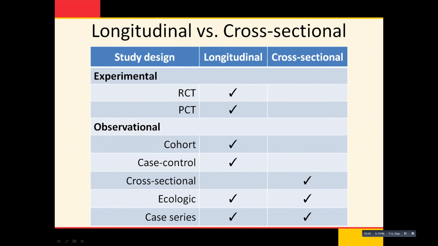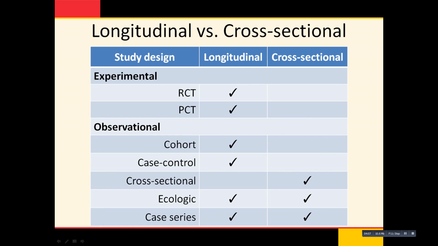So here's another compartmentalization of longitudinal versus cross-sectional, right? Are we looking at patients and following them from exposure to outcome over time? And most of them we are, except for the cross-sectional. The cross-sectional study is the only one that is really not looking at patients longitudinally.